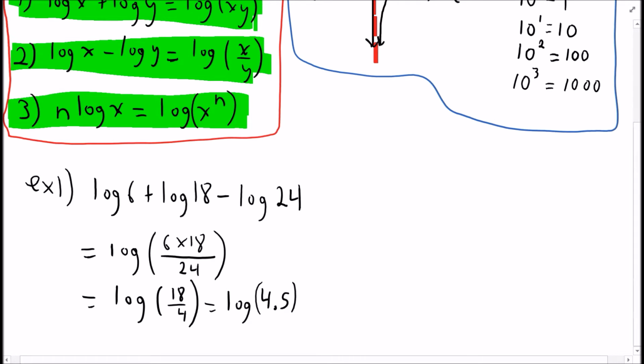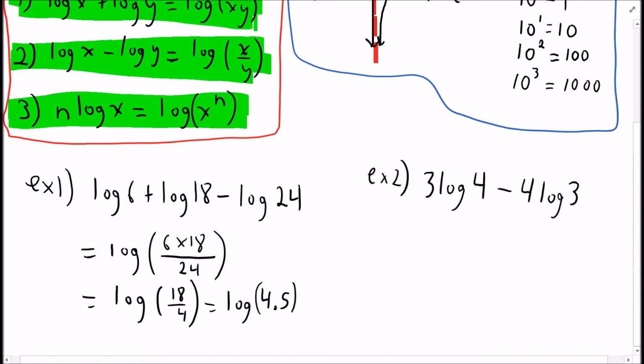Let's do another example. 3 log 4 minus 4 log 3.